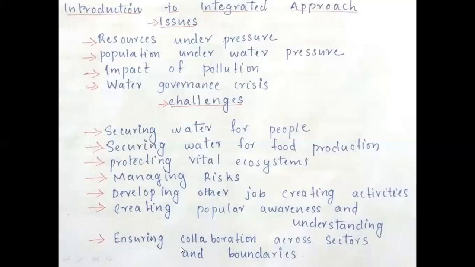And then ensuring collaboration across sectors and boundaries. There should be a good balance between the sectors and the boundaries, that means a good balance between the persons using it and the resource point.